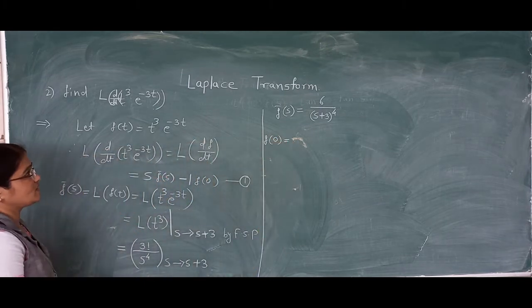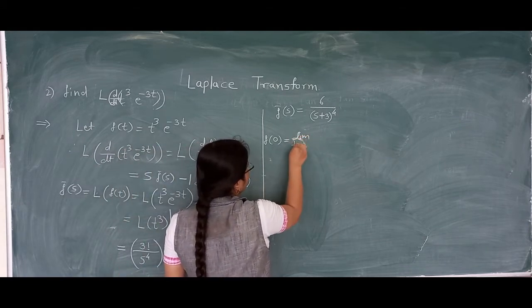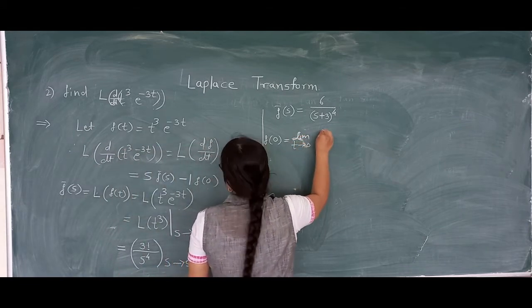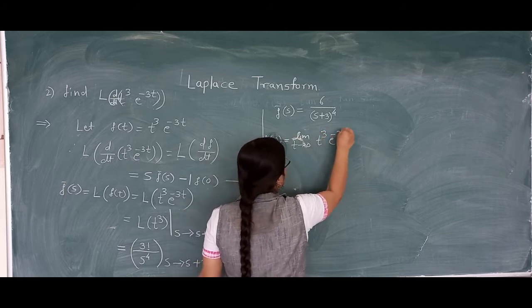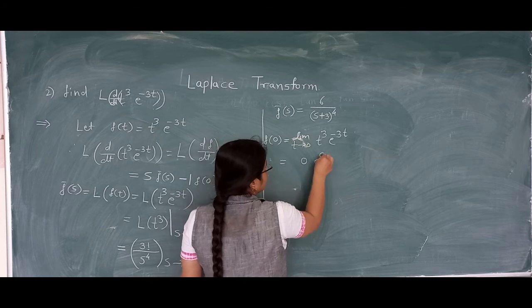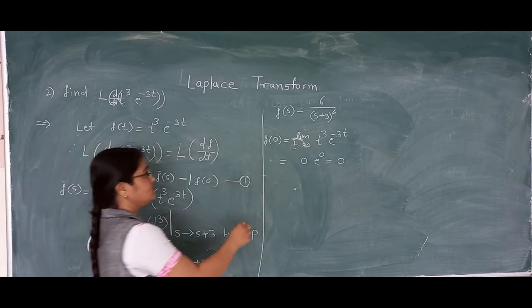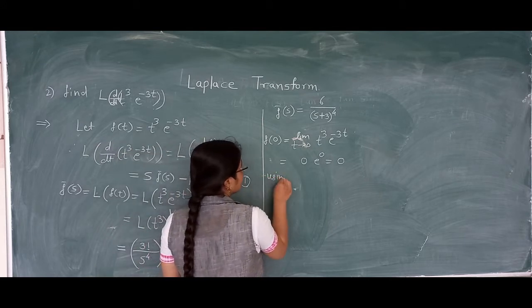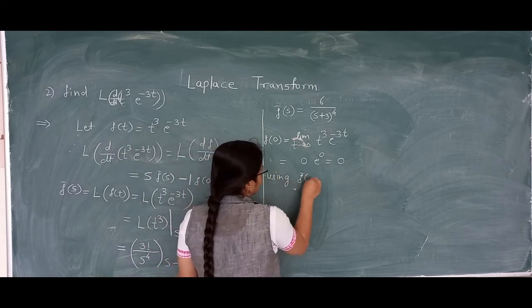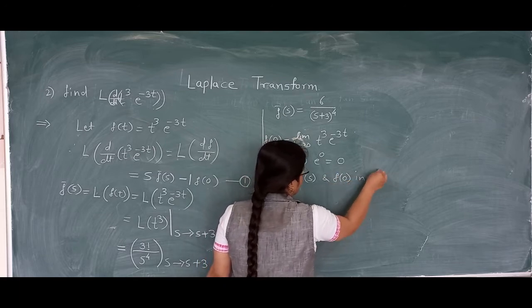What is f of 0? F of 0 is nothing but limit t tends to 0 of t cube e raised to minus 3t. Put the value 0, and it is 0. Use f bar of s and f of 0 in 1.